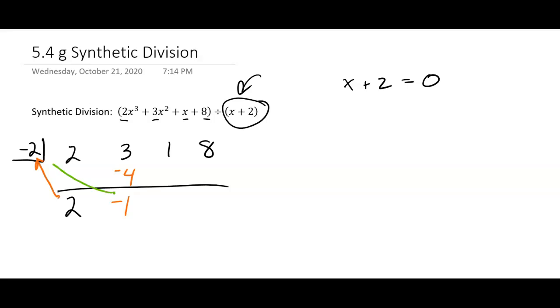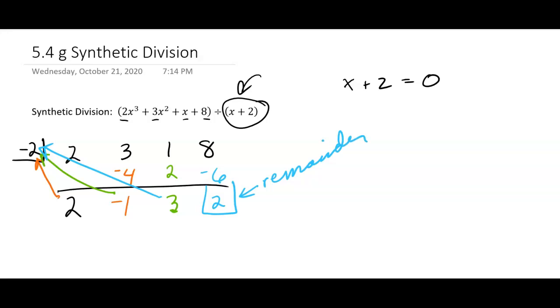Take the -1 times the -2. That's 2. And then 1 plus 2 is 3. So I got one more to do. 3 times -2, which is -6. And then I add 2. And that's going to be my remainder. Note to self, that's the remainder.